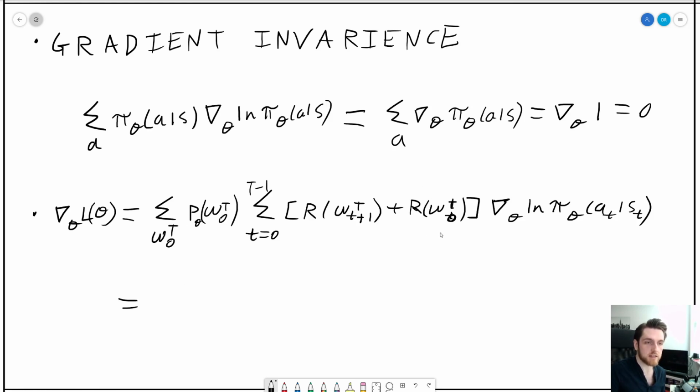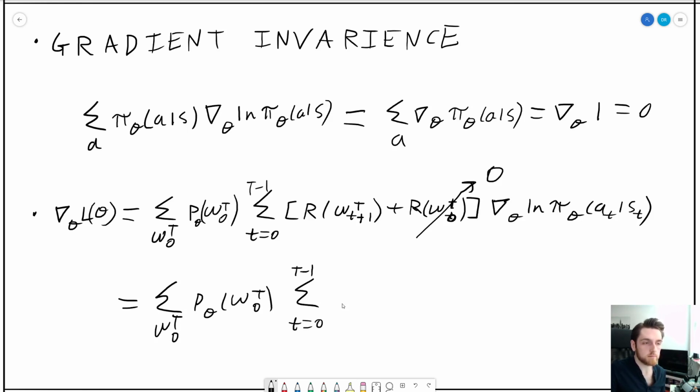Then we can just show that this term averages out to 0, and what we end up with is just the sum over trajectories, sum over times in those trajectories, and the returns that follow each transition in that trajectory.